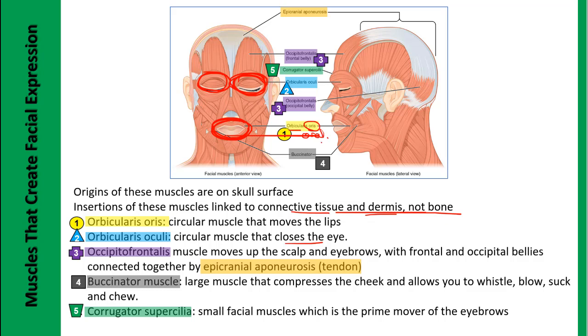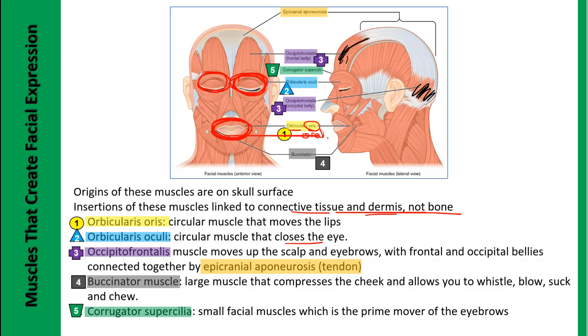Another muscle is the occipitofrontalis. Again, that refers to the two bones that this muscle connects. The occipitofrontalis muscle connects the occipital bone, which is at the back bottom of your skull, with the frontal bone, which makes up your forehead.